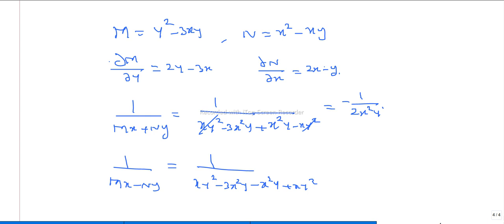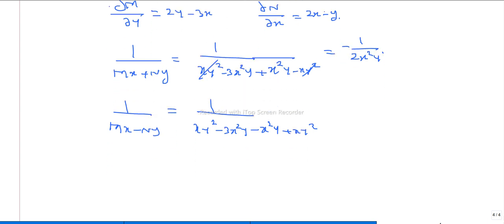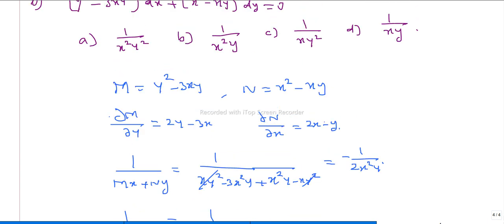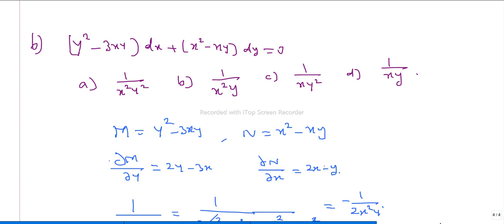So better we can use this method. Otherwise, you can go for our original method. We try to find this one, and I think both are homogeneous.